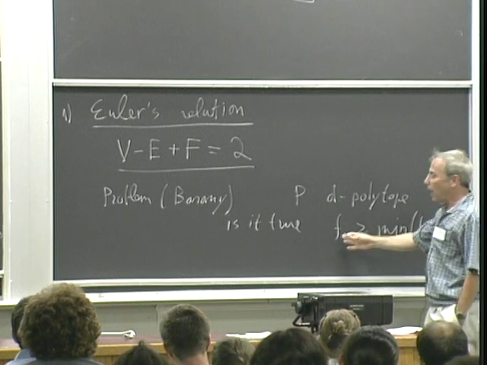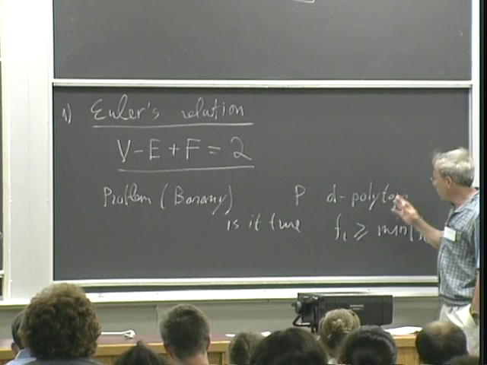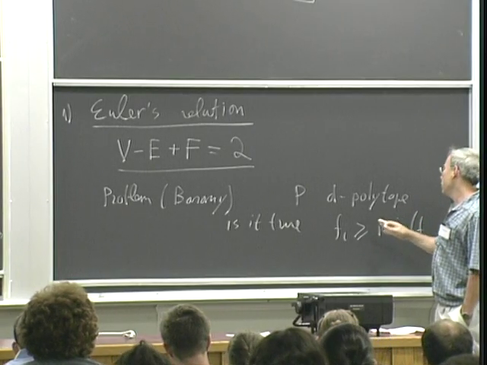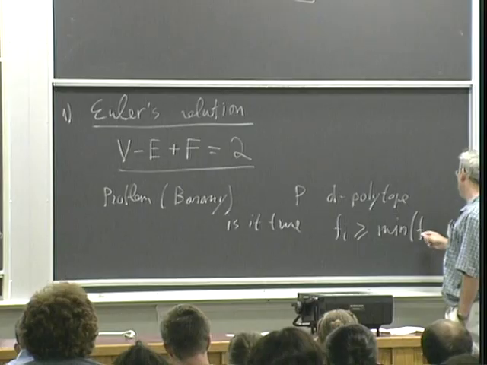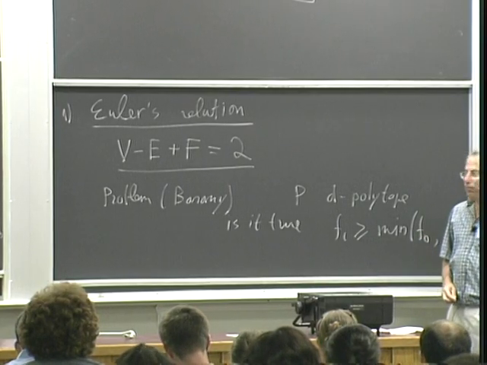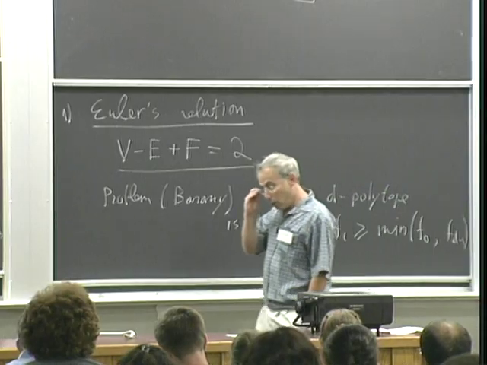So the number of i-dimensional faces is at least the minimum of the number of vertices and the number of facets. So it's very embarrassing that we cannot answer this problem.